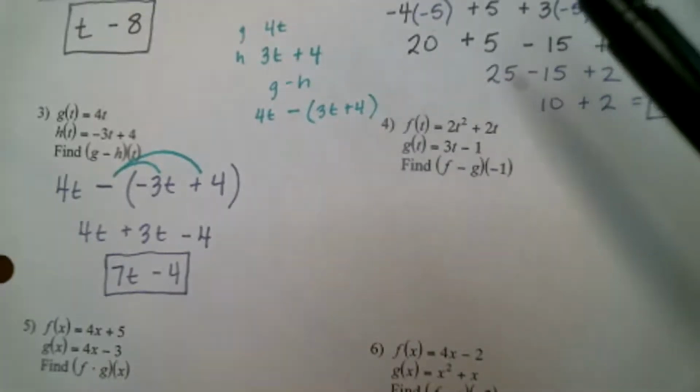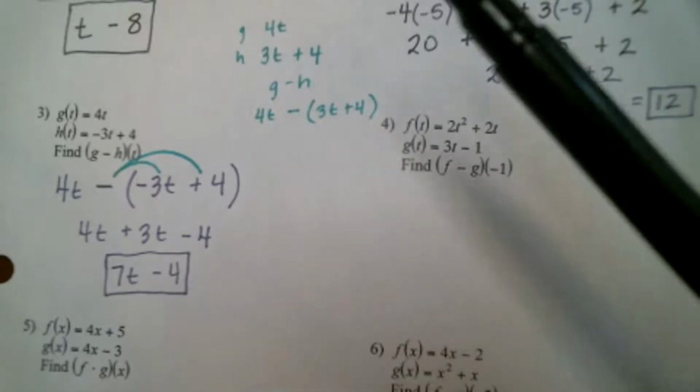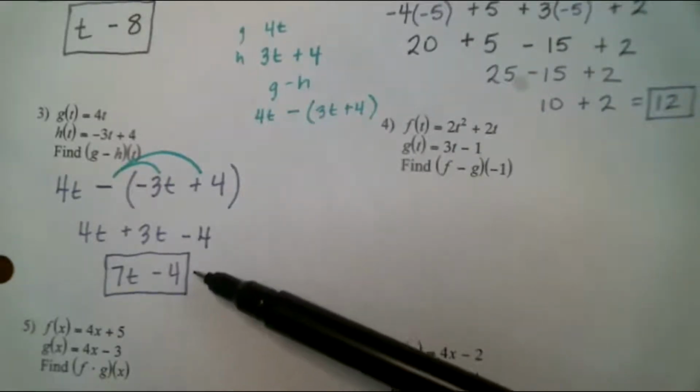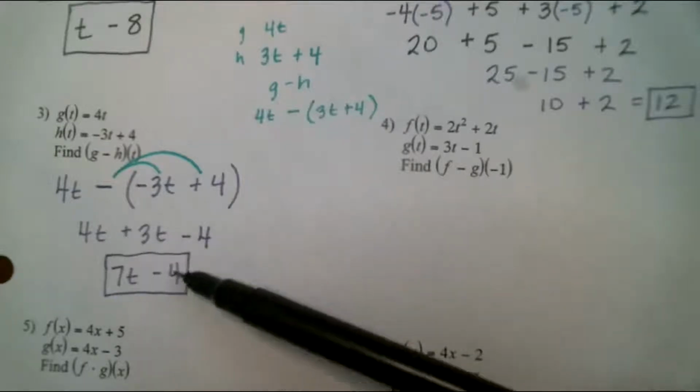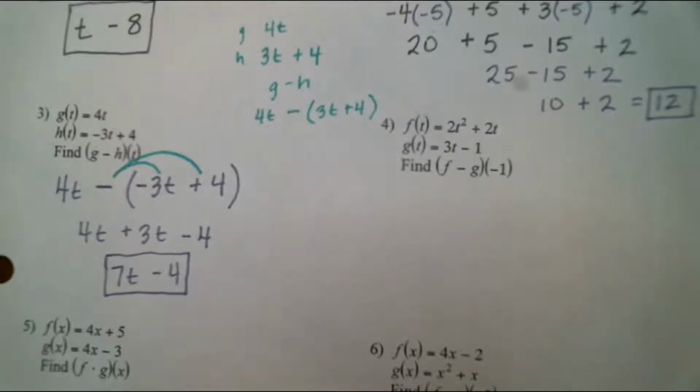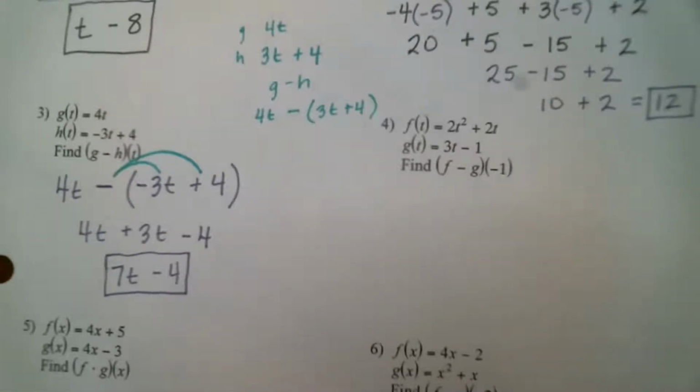Elizabeth says, why don't we divide the 7 out? There's nowhere to divide it. It's not an equation, Elizabeth. It's an expression. So that's all you have to do. There's nothing else you can do from there. Okay?